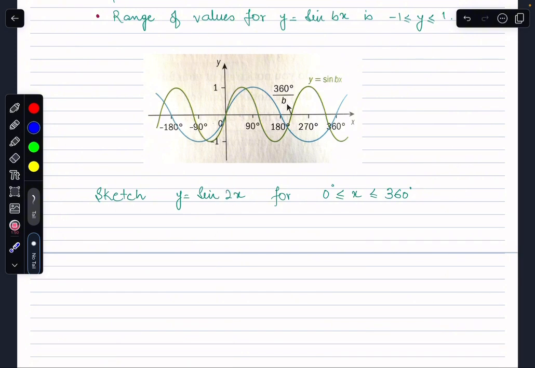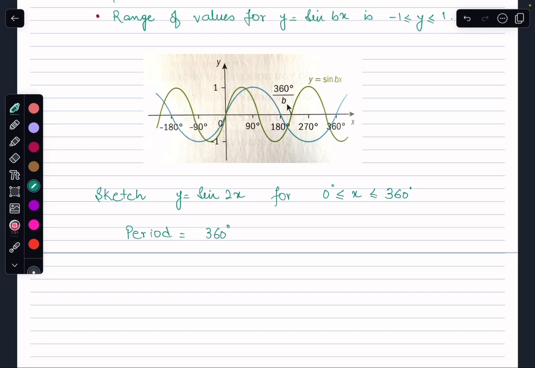So two rotations, and it should be sketched for 0 to 360 degrees. And we know that the period of sine equals 360 degrees, meaning the sine function gets a complete rotation in 360 degrees.